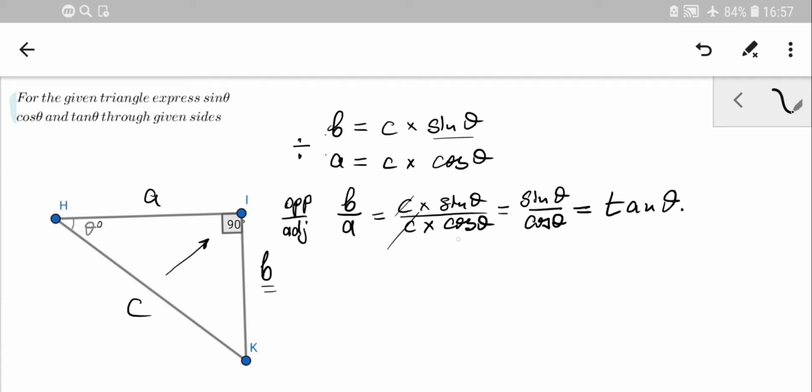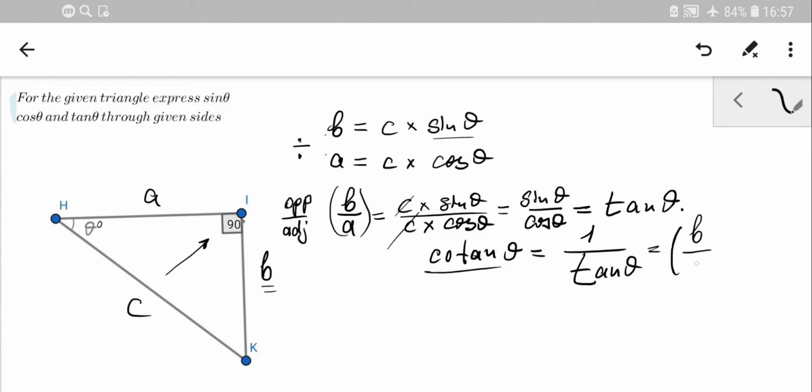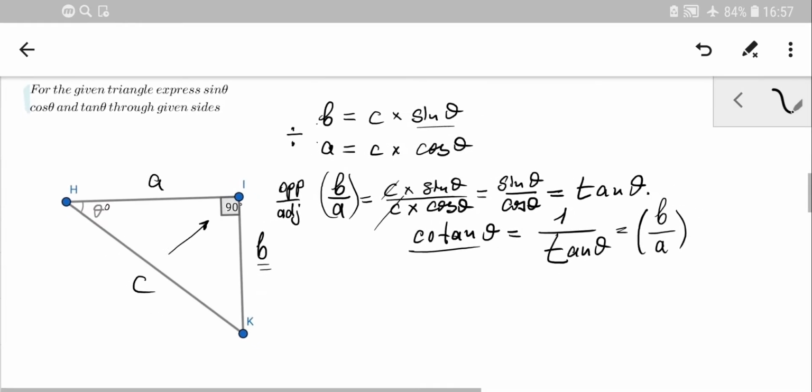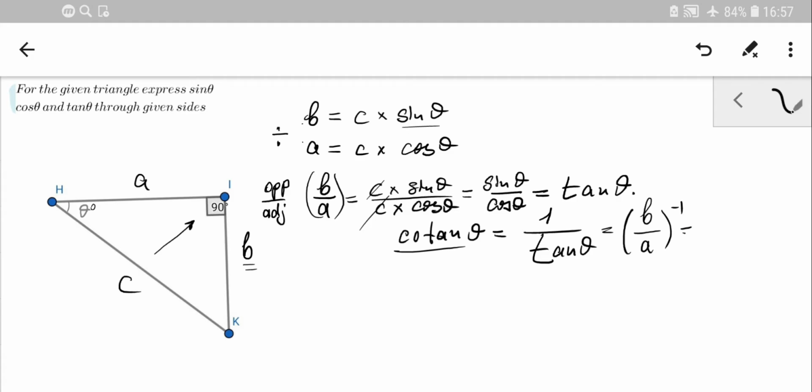Actually, you're not given it here, but cotangent is just the reciprocal function of tangent. Reciprocal means you need to flip the tangent over. So if you are asked to express cotangent through the sides, it's 1 over tangent, so you simply flip it over. So you take B over A, and remember the theory for indices, you just put the power of -1. That means your fraction is flipped over. Okay? That's for cotangent. Make sure you understand that.